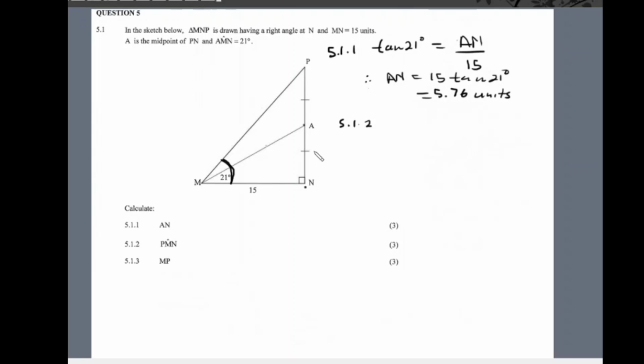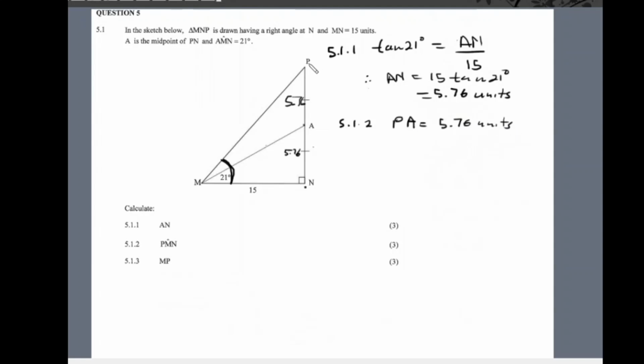Because we know that AN is 5.76 units, and we were told that A is the midpoint of this line, it also means that PA is 5.76 units, right?